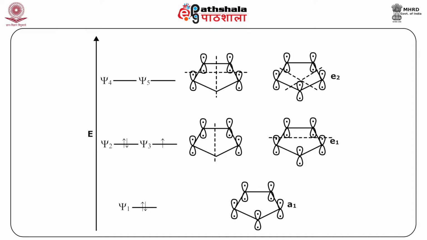The lowest energy orbital Psi1 does not contain any node and is represented by an A1 state, followed by a doubly degenerate E1 state that comprises Psi2 and Psi3 orbitals, which precede another doubly degenerate E2 state consisting of Psi4 and Psi5 orbitals.